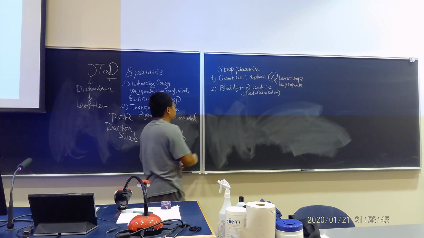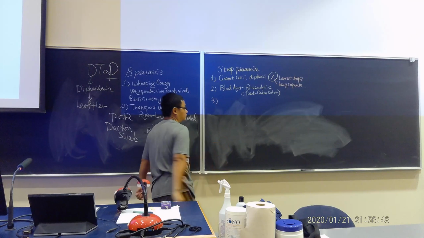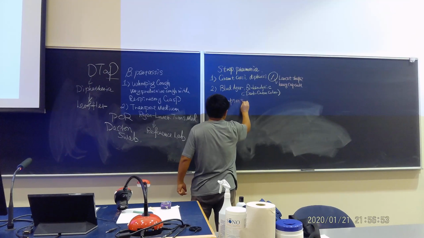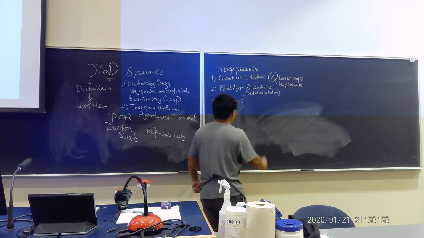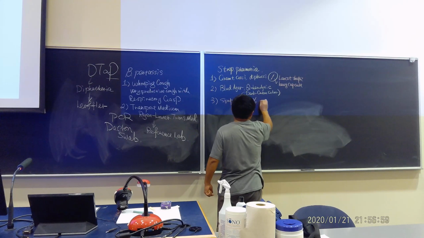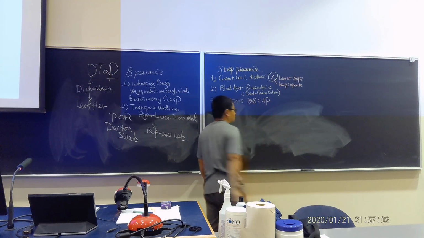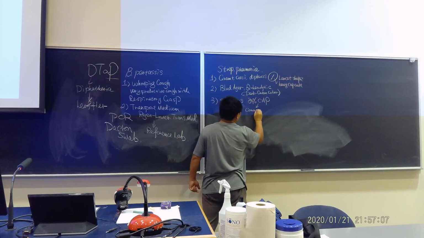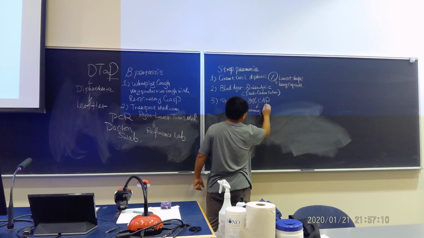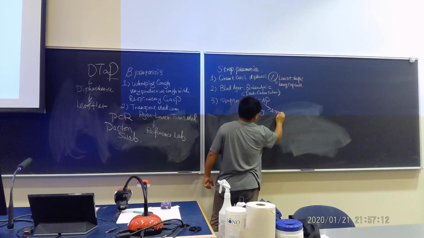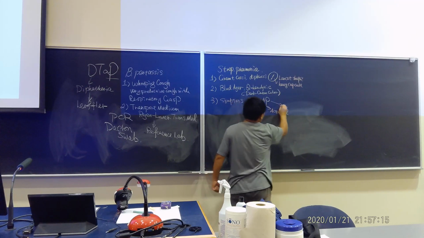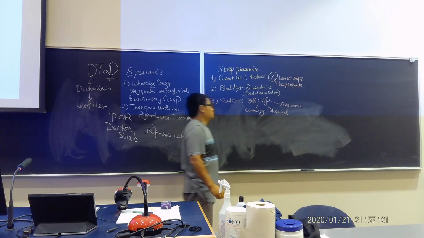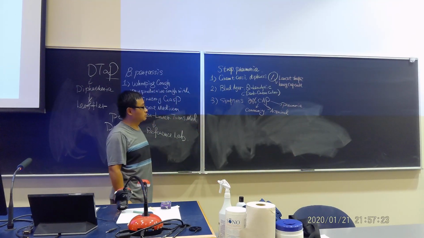Okay? Number 3, we want to mention, what are the symptoms? This one will cause 80% of CAP in the United States. What does CAP mean? Community acquired pneumonia. So it causes 80% of community acquired pneumonia.